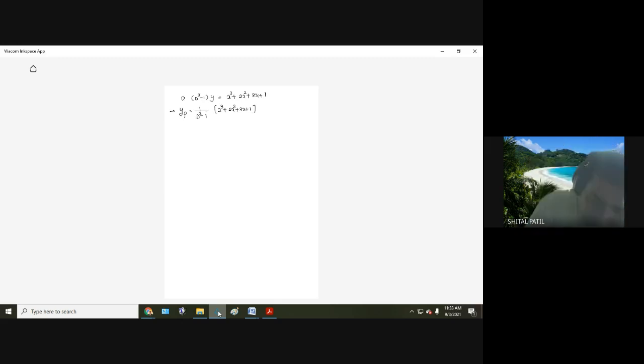From the denominator, I'll take minus 1 common. What is remaining? 1 minus D square. And this function is as it is. There is no change in this.